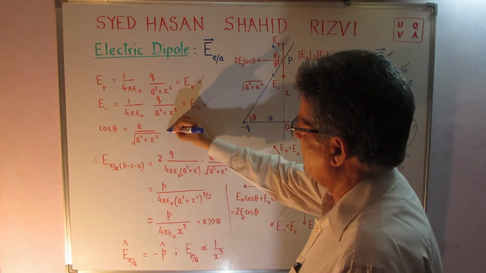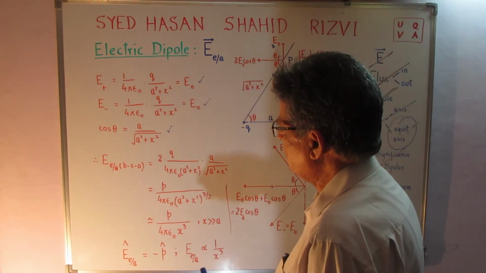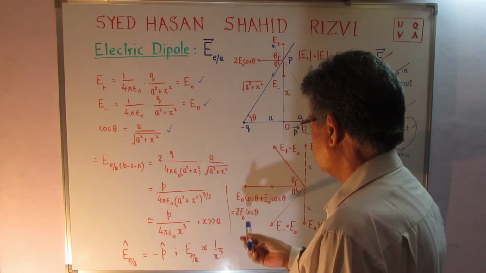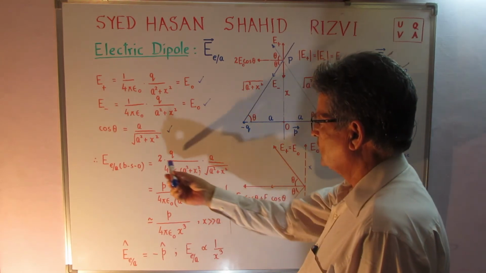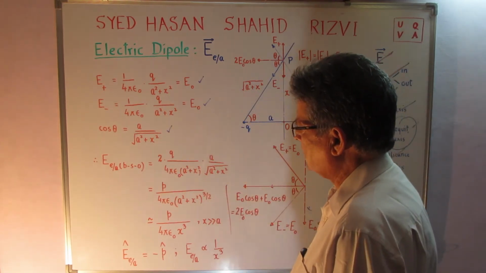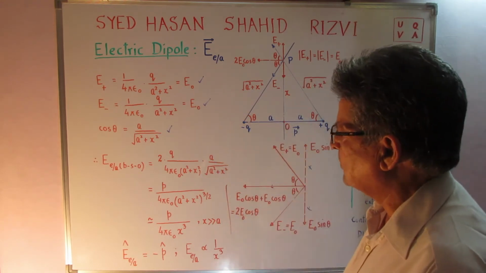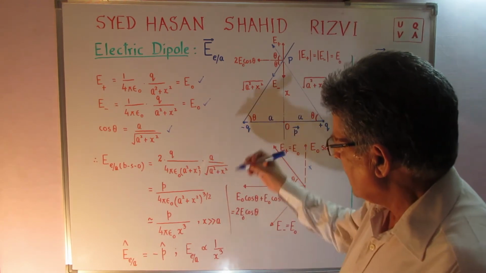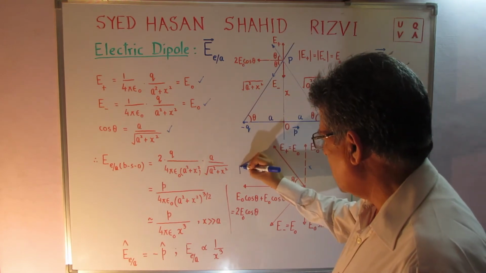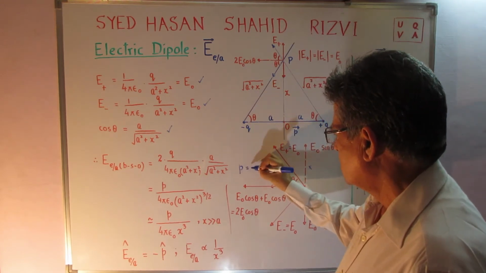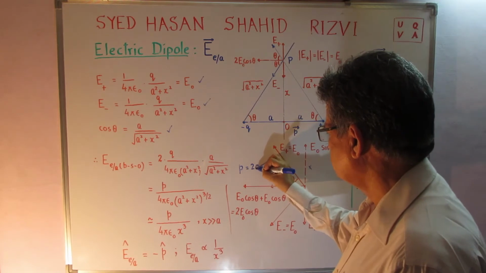So I have this equation, and now if I substitute the values, then 2 E naught cos theta is 2 q upon 4 pi epsilon naught, a square plus x square, into a upon the square root of a square plus x square. Now p is equal to how much? 2a into q.